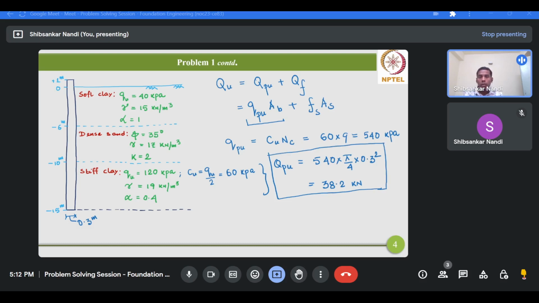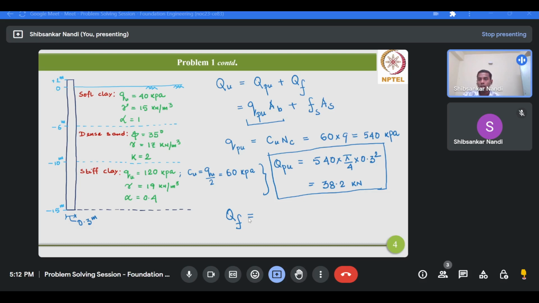Now coming to the skin friction part, so QF will have three components because the pile is driven through three different layers: soft clay, dense sand and stiff clay.